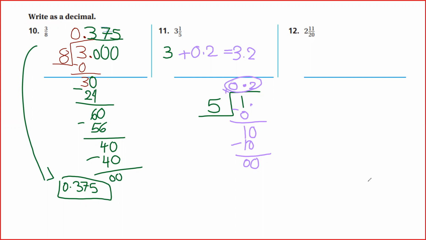Now, Jana. Jana Amjad. Yes, Jana. 2 and 11 over 20. It's 2 and what? Bravo. What do you have to do?